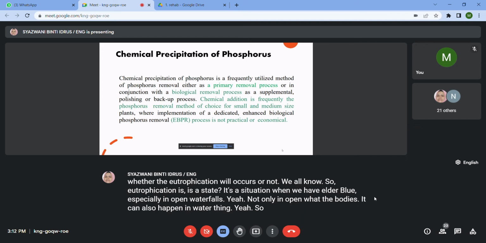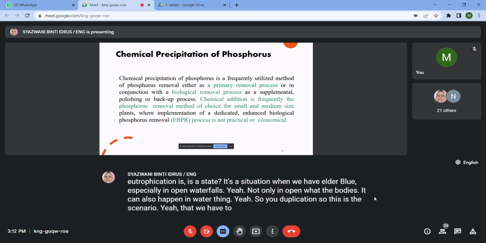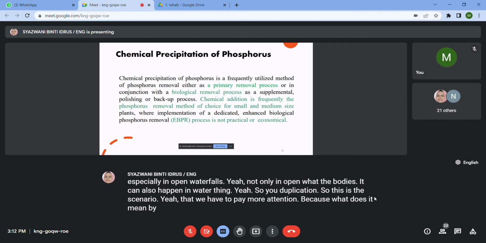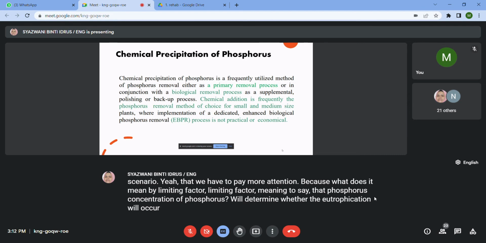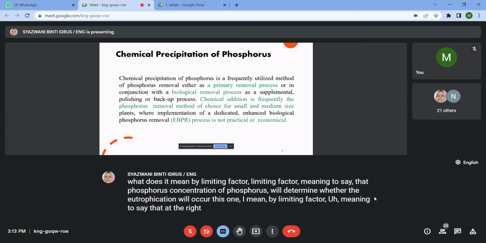So this is the scenario that we have to pay more attention to. What does limiting factor mean? It means that the concentration of phosphorus will determine whether eutrophication will occur or not. Meaning to say that at the right ratio of phosphorus and nitrogen, only then will eutrophication occur.